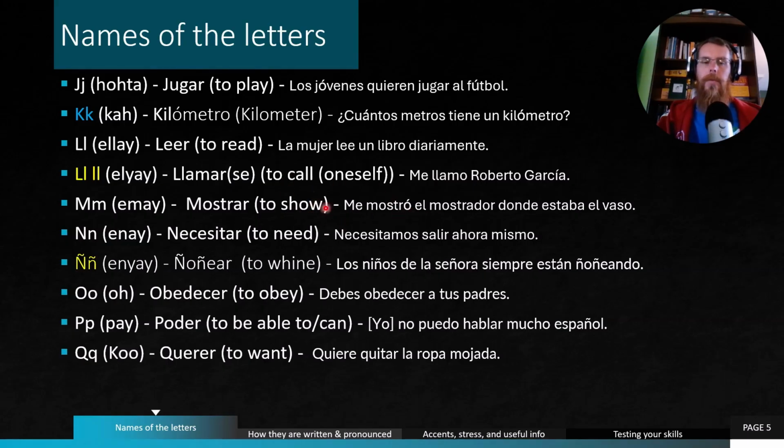It would have a pronoun before me, like ella me mostró, or él me mostró, or usted me mostró el mostrador. We would understand who this is referring to either by context, or it would actually have a pronoun in front of it. El mostrador is the counter, or the display case. El mostrador is how you would say counter in Spanish.